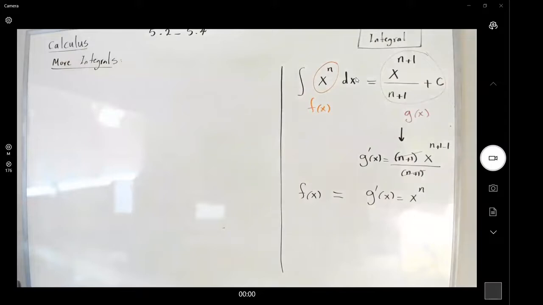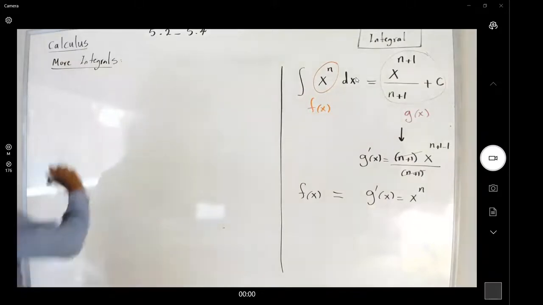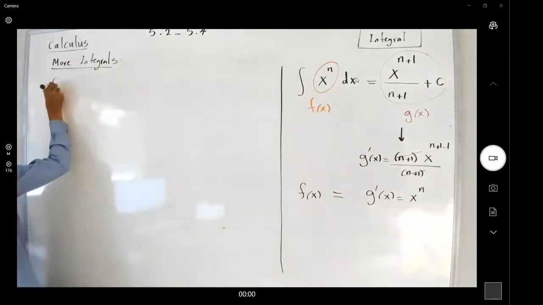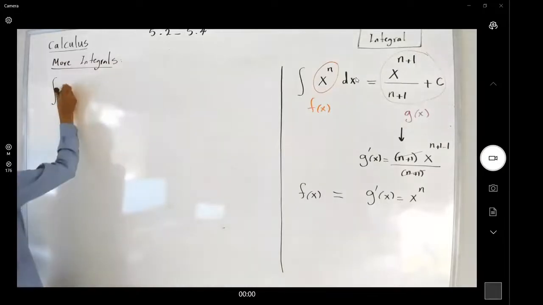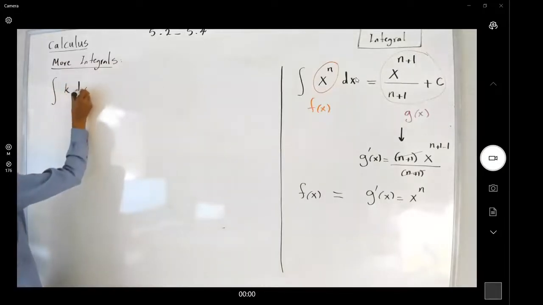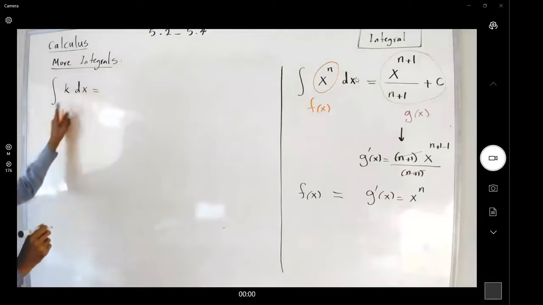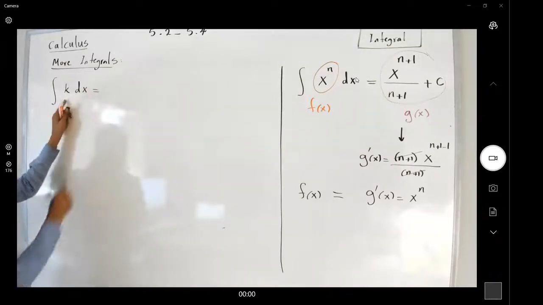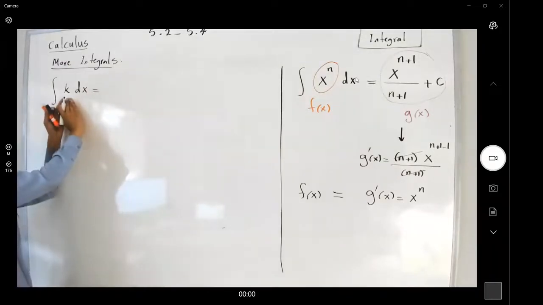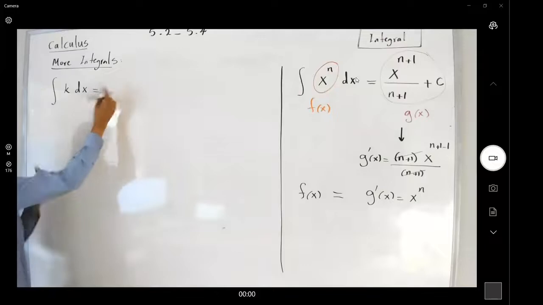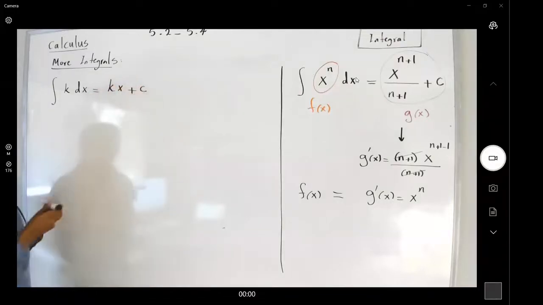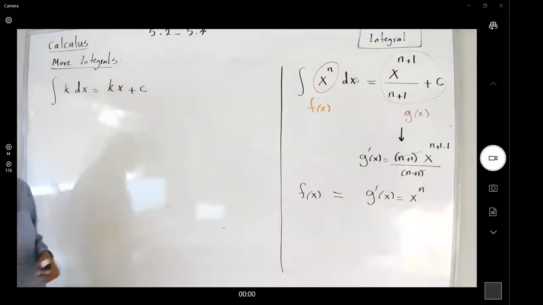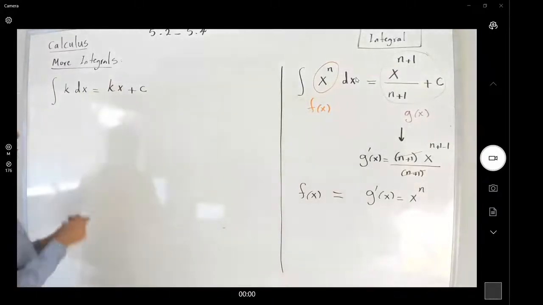Very well. So what is the integral of a constant k dx? k is just a constant. The integral of k dx is equal to k times x plus c. Again, we can apply the fundamental theorem of calculus to make sure that we have a correct formula.